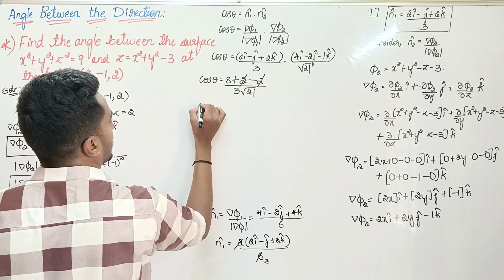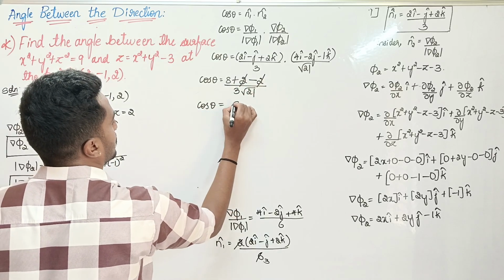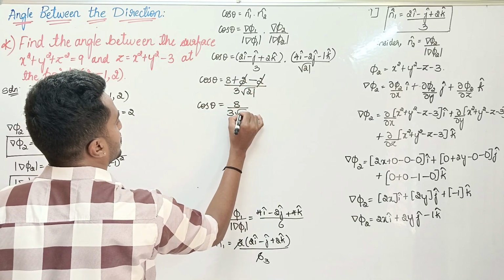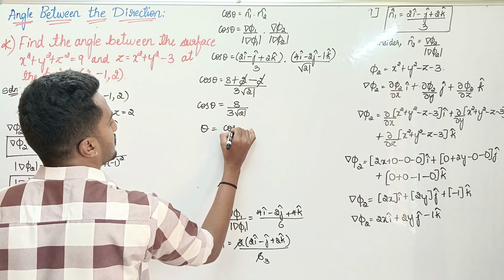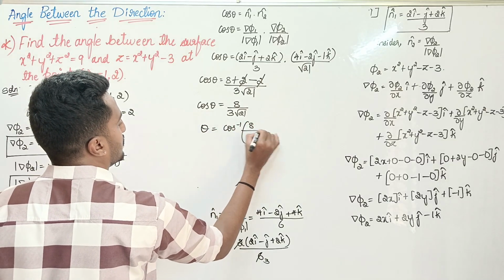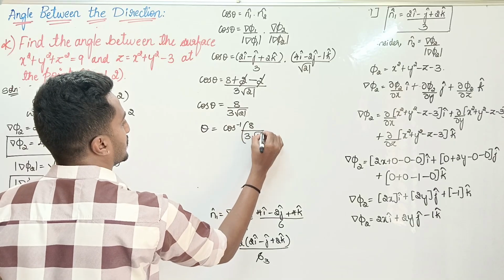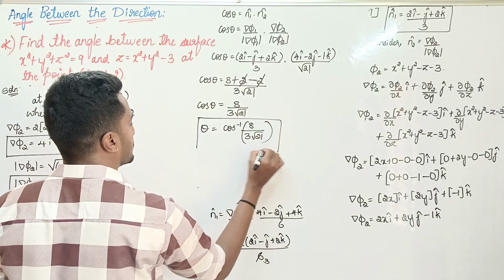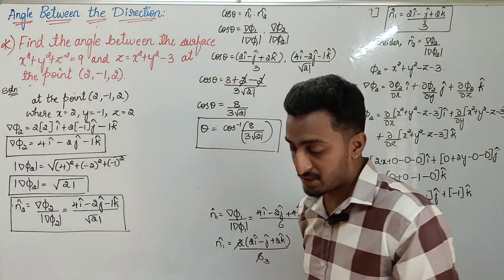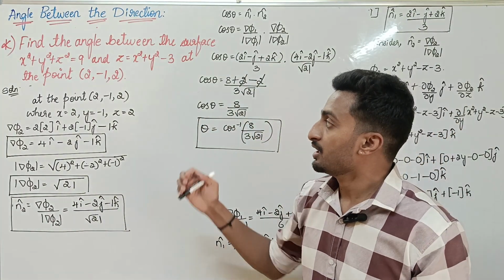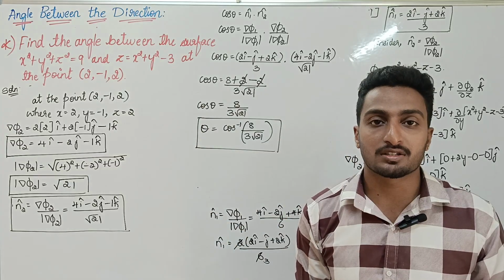The plus 2 and minus 2 get cancelled. Cos theta is equal to 8 by 3 root 21. Since I need the angle, theta is equal to cos inverse of 8 by 3 root 21. This is our required solution for the angle between the surfaces of the two scalar functions at the point 2, minus 1, 2.